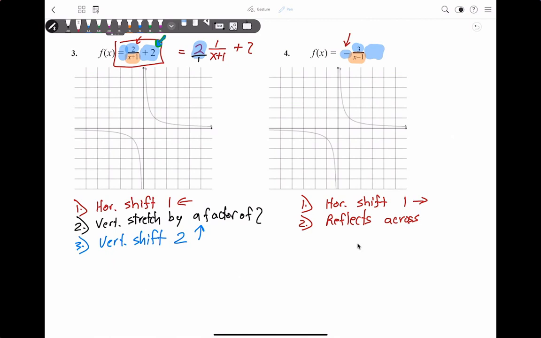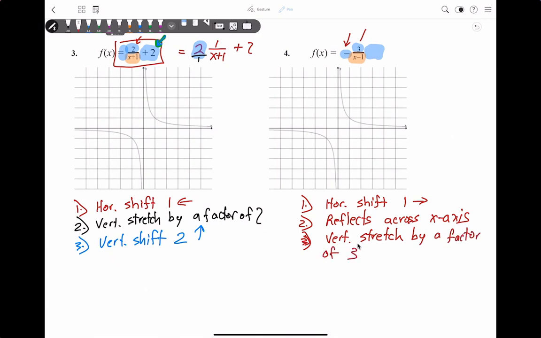And then 3, okay, 3 is going to be looking at this number 3. And again, it could be out in front of it or it could be in the numerator. This is going to be a vertical because it's not in the denominator. Everything else is vertical. A vertical stretch because it's bigger than 1 by a factor of 3.